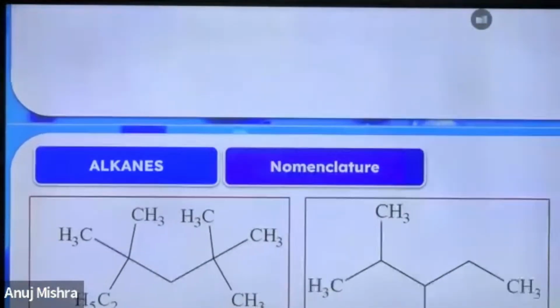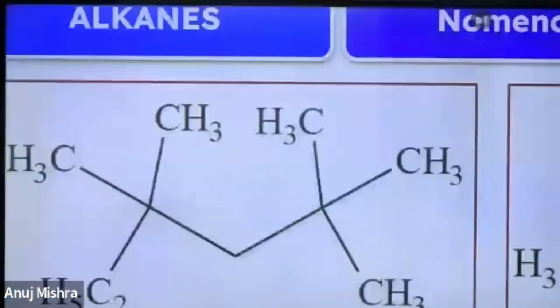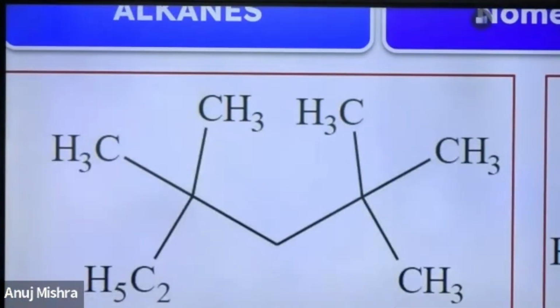Solve this question. Write the IUPAC name of this compound in your notebook. Draw this and write the name.